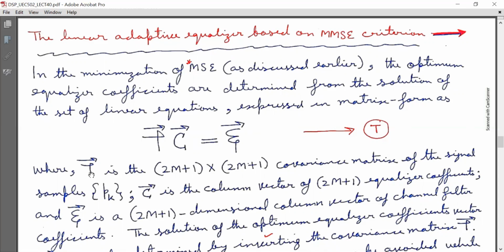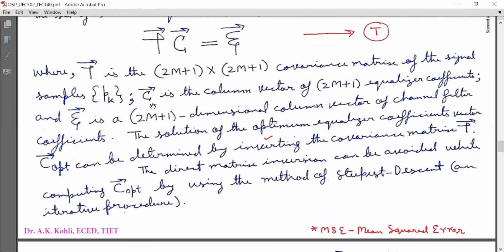Here, tau vector is the 2m plus 1 into 2m plus 1 covariance matrix of the signal samples pk. C vector is the column vector of 2m plus 1 equalizer coefficients, and xi vector is a 2m plus 1 dimensional column vector of channel filter coefficients.